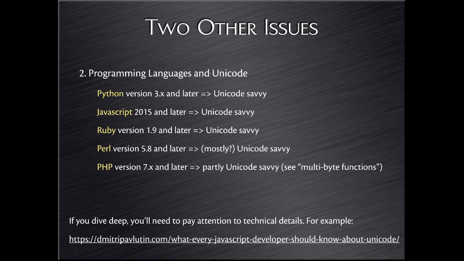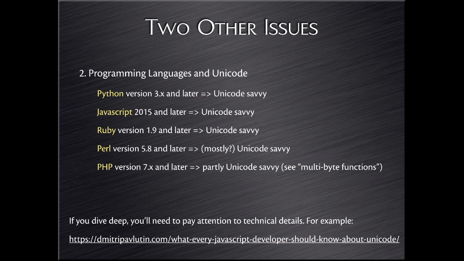JavaScript since 2015 or so is, Ruby is. Some of the other languages like Perl and PHP are maybe not necessarily there yet. PHP is incredibly popular on the web, but it isn't always Unicode happy. So if you're working in PHP, look at things like multi-byte functions, because there are some ways you can work around any limitations it has about Unicode.